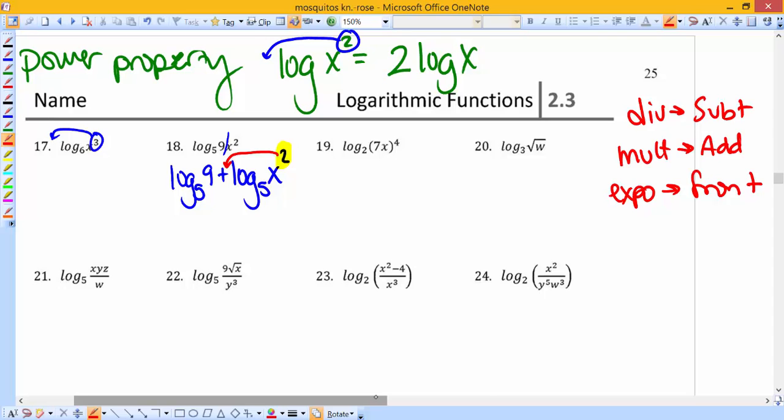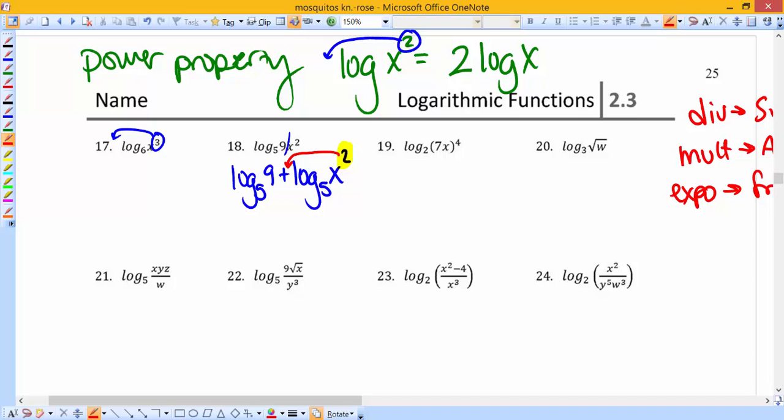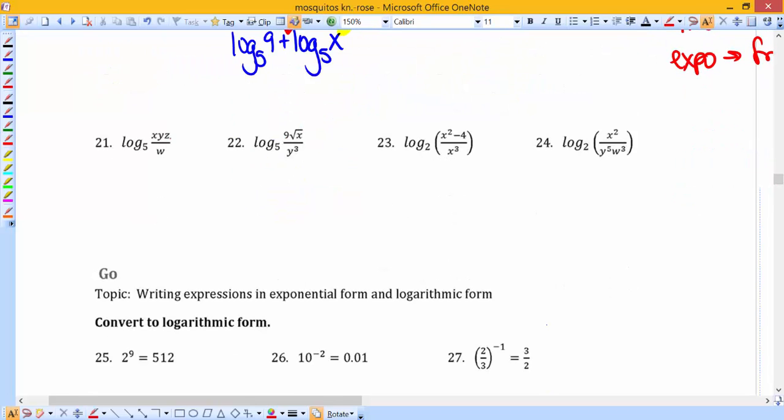And it's okay to take something and, so 21, I'll do 21 with you guys. So I first see that I have a fraction. So this is log base 5 of xyz minus log base 5 of w. But I'm not done because I still have 3 different multiplications here. I have an x, I have a y, and I have z.